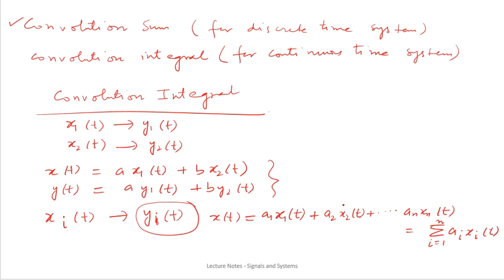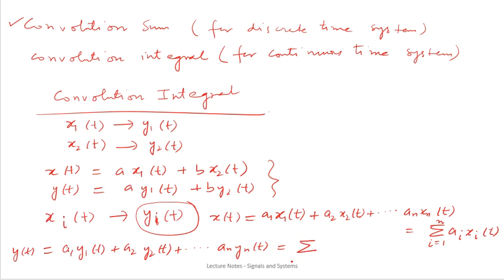If the input is represented in this form, then for the system to be linear, the output should be a1 y1(t) plus a2 y2(t) plus so on up to an yn(t), isn't it?